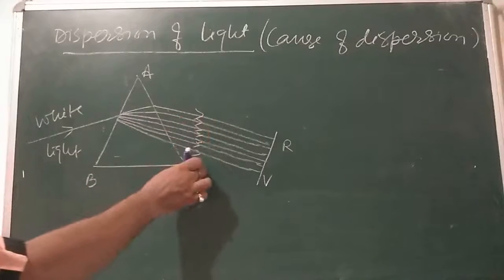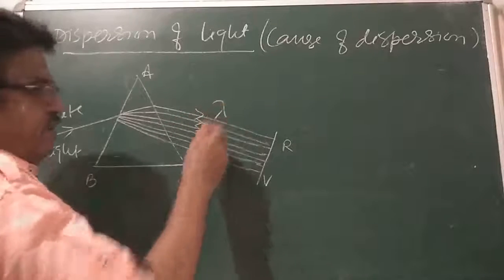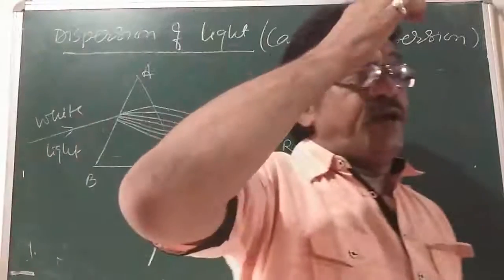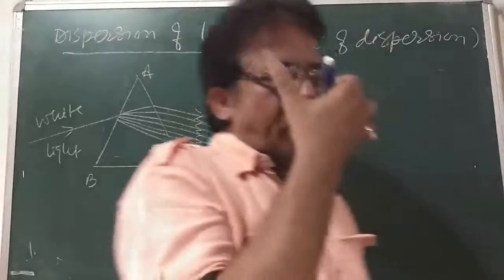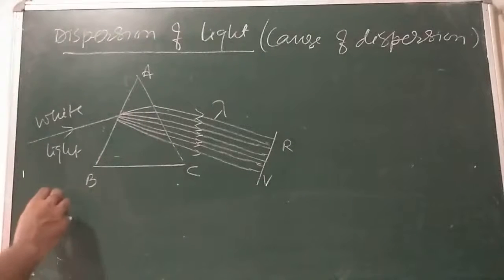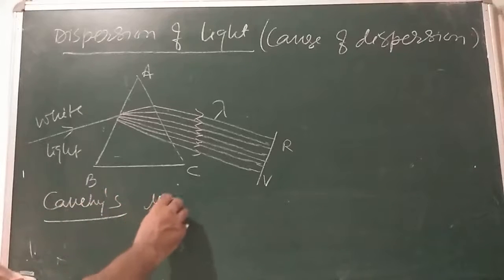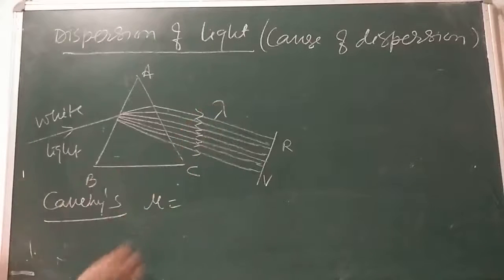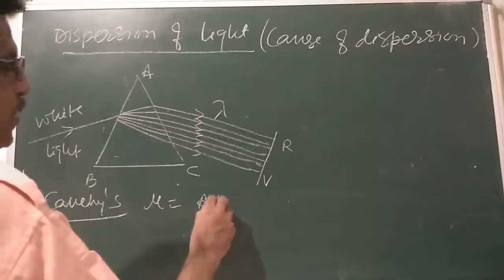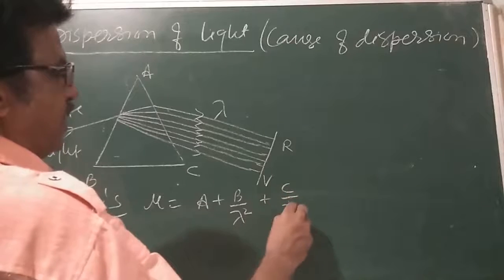Each color has its own characteristic wavelength lambda. According to Cauchy, a scientist, he theoretically suggests that the refractive index mu of a material depends on the wavelength, and that is equal to A plus B by lambda squared plus C by lambda to the power 4.